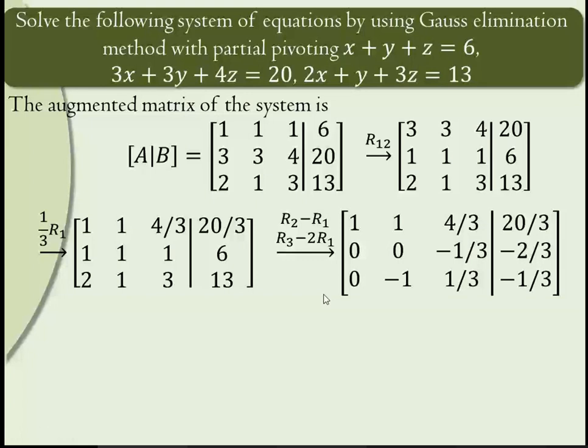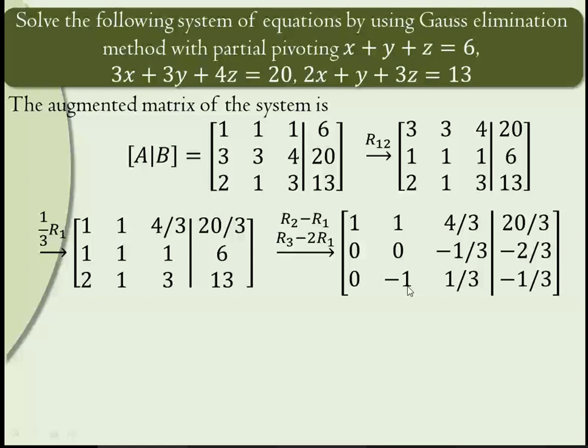Now absolute value of 0 is 0, absolute value of minus 1 is 1. So out of these two, numerically largest value is this. Okay, absolute value of this is plus 1, absolute value of this is 0. So out of this, numerically largest value is for the third row. So we have to bring it here, and that we can do by interchanging second and third row.